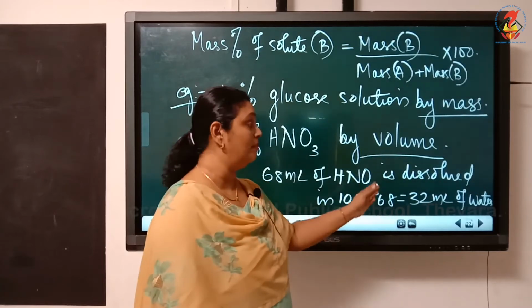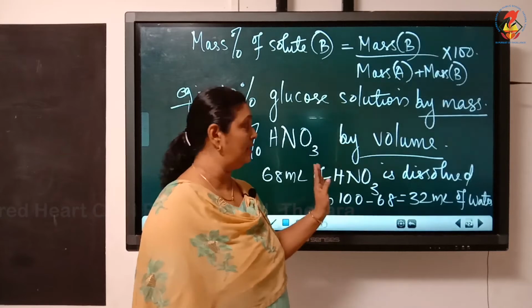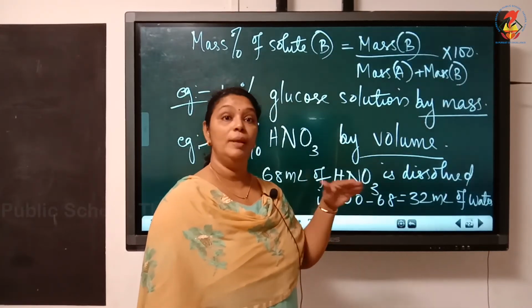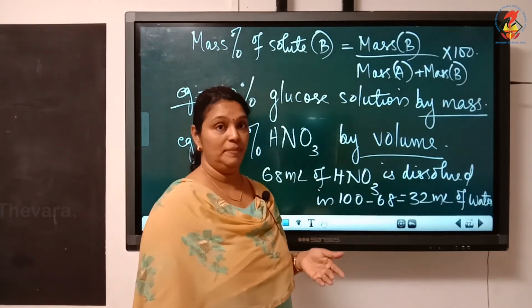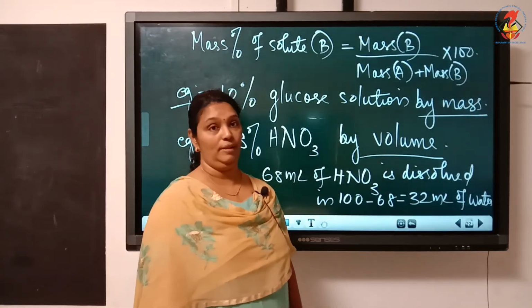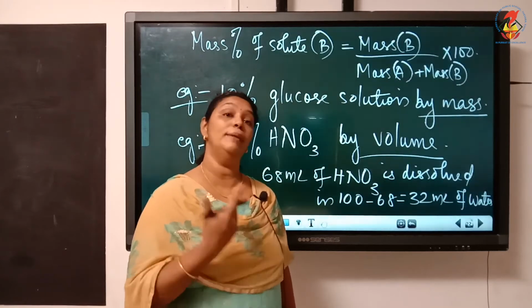So this is actually not mass percentage, this is volume percentage, because it is 68% nitric acid by volume. So the percentage can be in terms of mass or in terms of volume. Suppose you are asked to prepare 95% ethanol. We know ethanol is an alcohol and a liquid, so here we have the volume percentage.